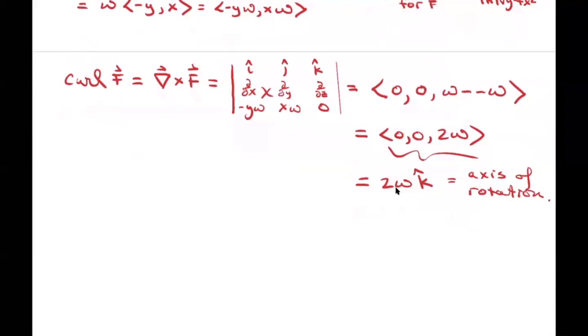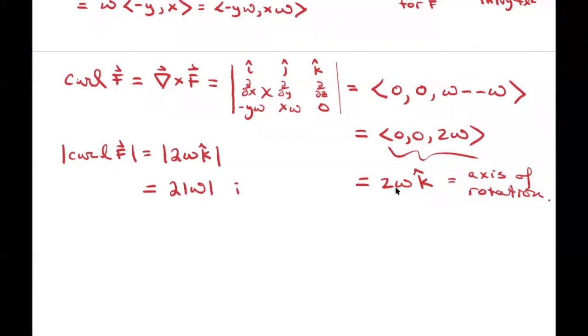Okay, but then the magnitude of the curl, I think it's easy enough just to say the magnitude of curl of F is the magnitude of 2 omega k, which would just be 2 times the absolute value of omega.